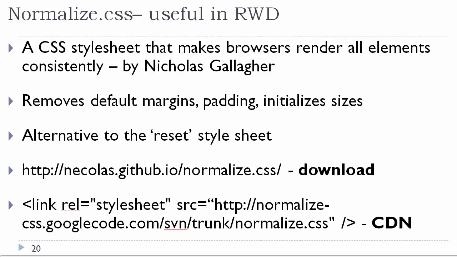By using these normalize or reset style sheets, what they do is they remove the defaults, the margins, the padding, they initialize sizes, any kinds of indents such as the unordered list. Normalize.css is an alternative to the reset style sheet that has been so popularly used. You can download it, and you can use it as a CDN, and there is more information on the website about this.